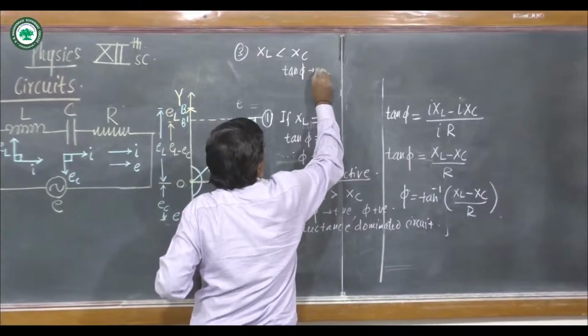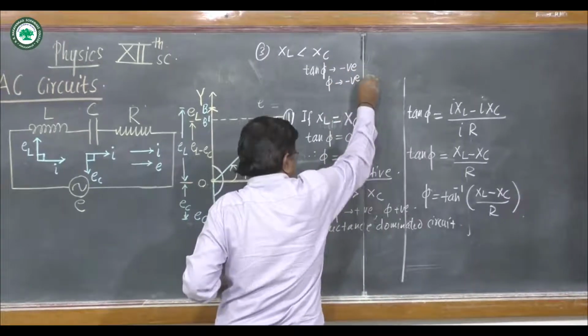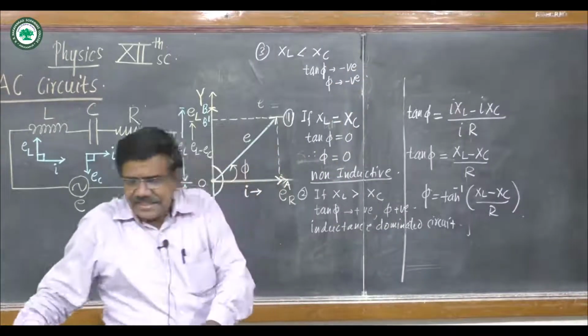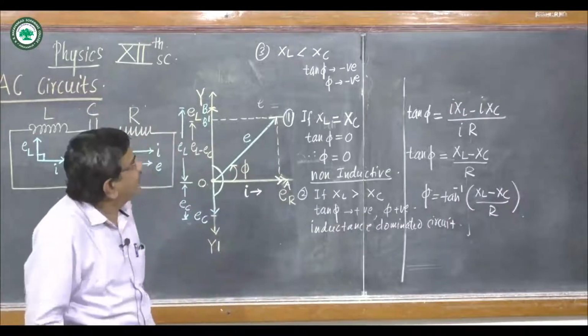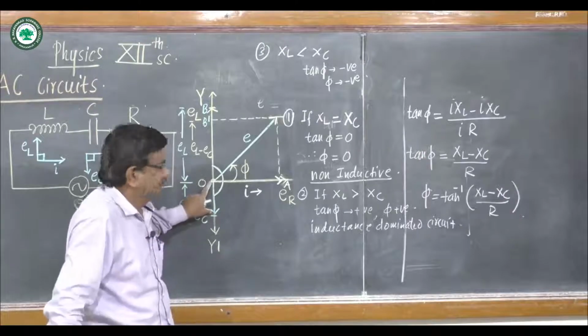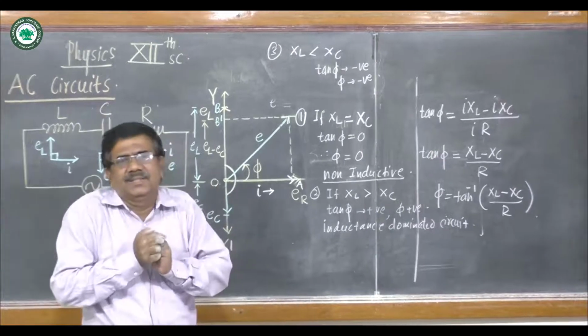Tan phi will be negative. Hence phi will be negative, and when phi is negative, voltage lags the current by the phase angle phi. We know this is the case of a capacitive circuit.